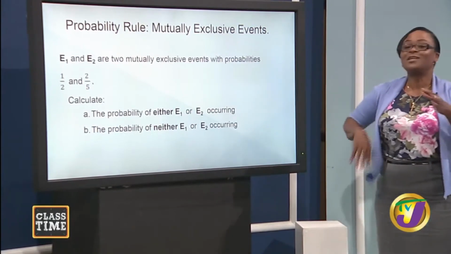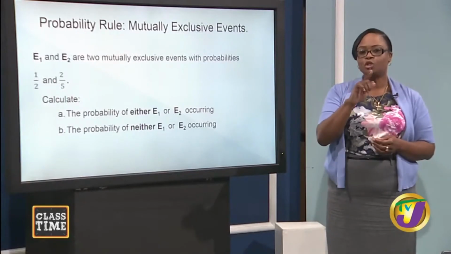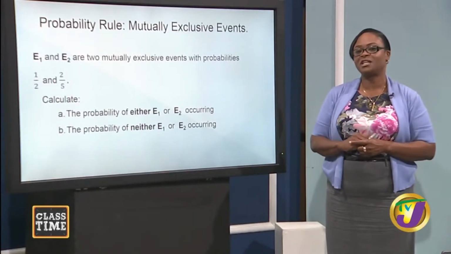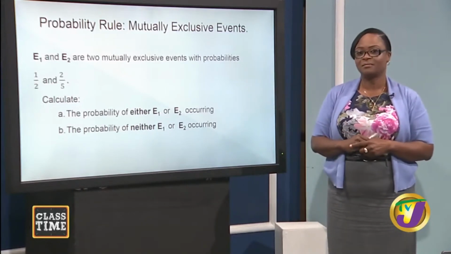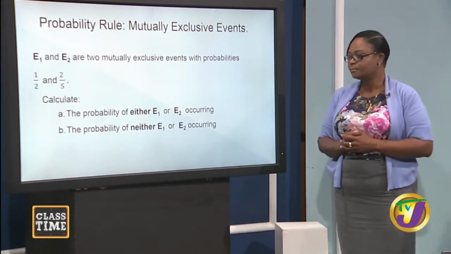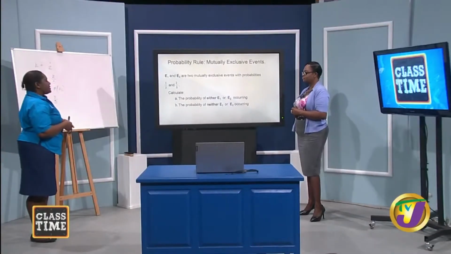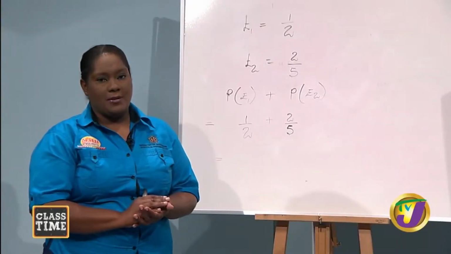Right. So the information that I'm thinking of, Shadeen, is the whole idea of equivalent fractions. How would you use the idea of equivalent fractions to solve this problem right here? Once we are talking about equivalent fractions, our next step would be to identify a common denominator.